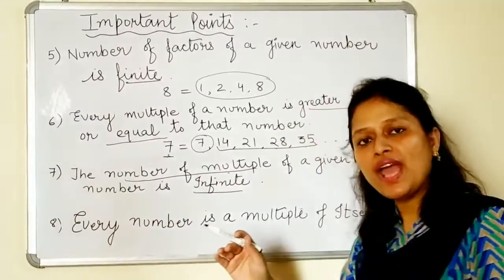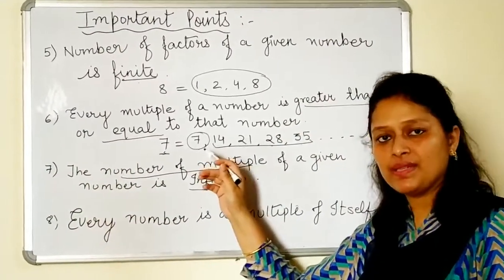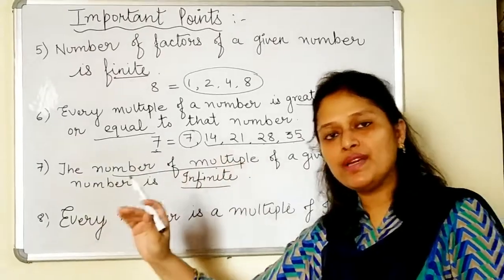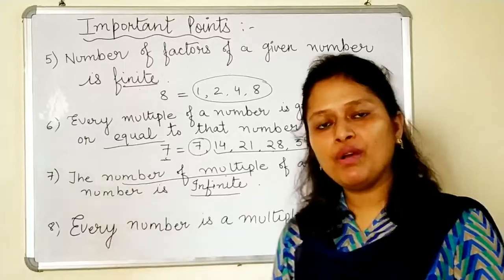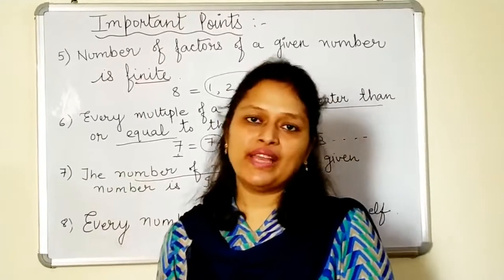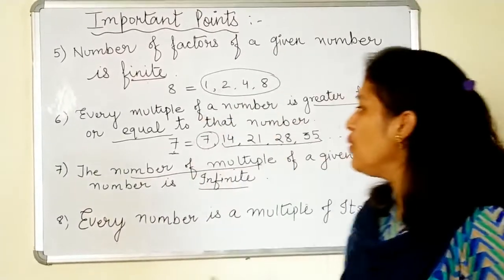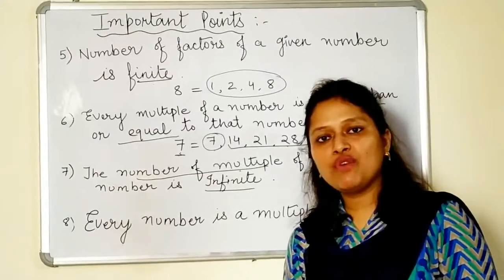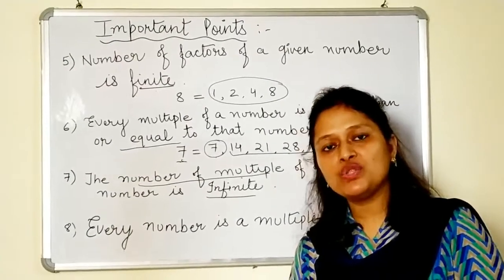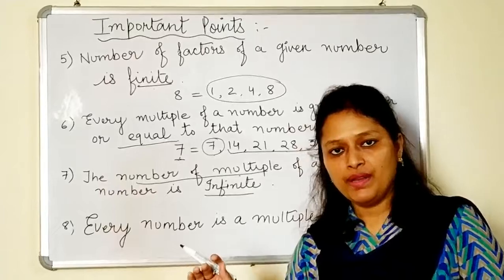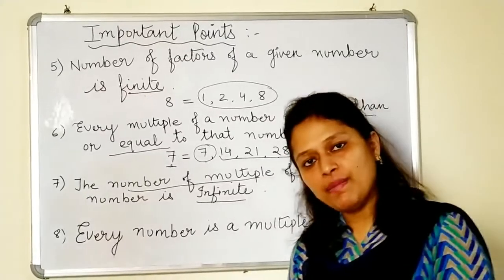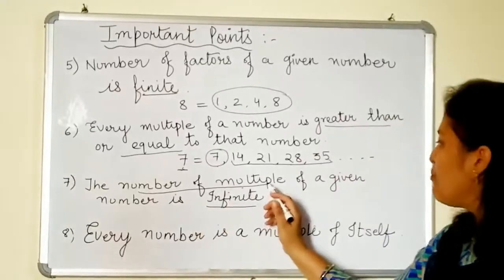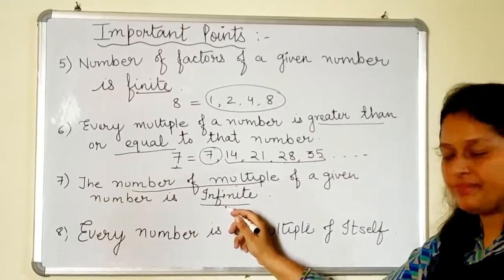There is no end to the list of multiples. You cannot count the number of multiples because they are endless. You keep on multiplying the given number with any natural number, you will get a multiple. And you know the list of natural numbers is infinite. There is no largest natural number. So you keep on multiplying it with natural numbers, you will get multiples. So the number of multiples is infinite.